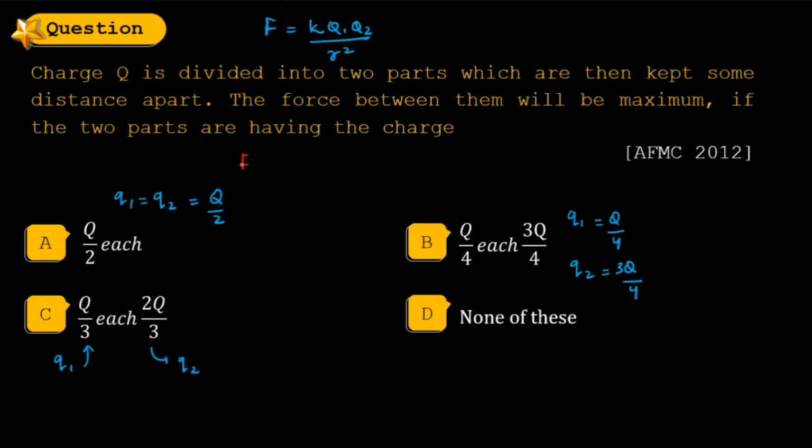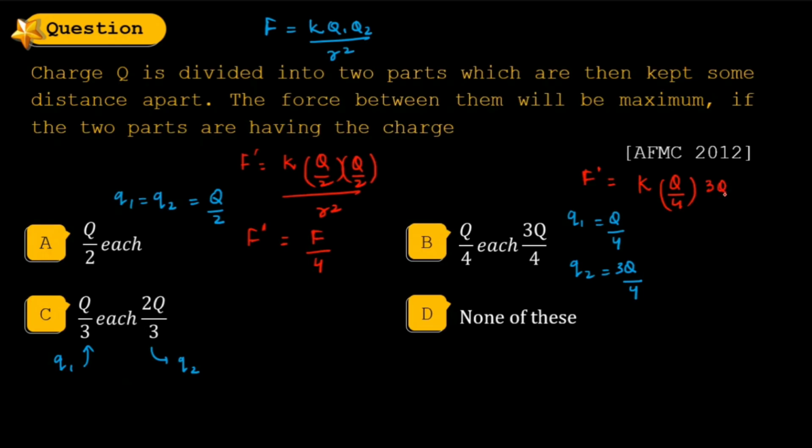In the first case, F is going to be k (Q by 2)(Q by 2) over r square, so the force is going to be reduced to 1/4. In the second case, the force is going to be k (Q by 4)(3Q by 4) over r square, so the net force is going to be 3F over 16.